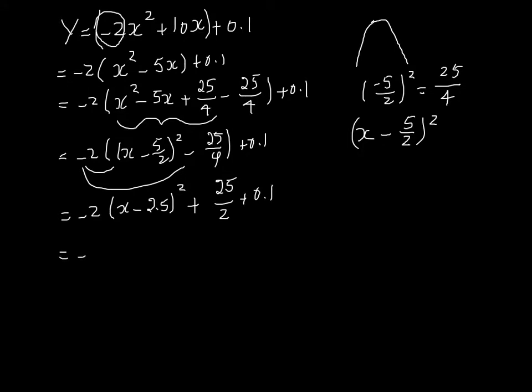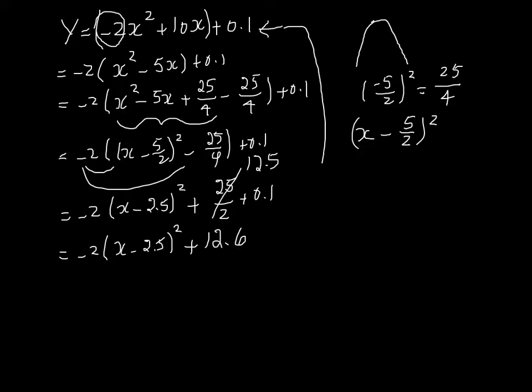Now this one I can write as negative 2 times x minus 2.5 squared. Now 25 over 2 is 12.5. 12.5 plus 0.1 is going to give me 12.6. So our original quadratic equation in standard form becomes negative 2 times x minus 2.5 squared plus 12.6 in vertex form.